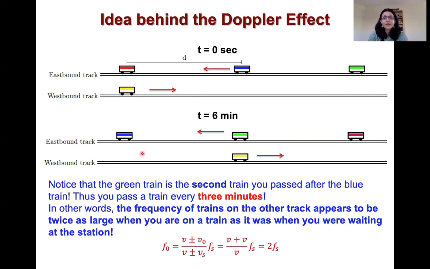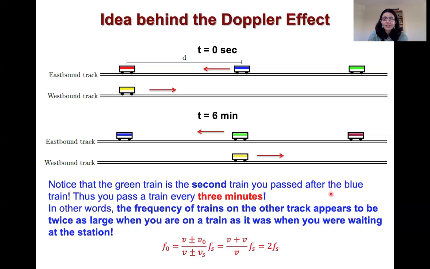But if you're traveling yourself with that same period, which means that in the 6 minutes it took the blue train to get here, you in the yellow train are over here, and that's exactly how much time it would take for the green train to get to that position. So in those 6 minutes, you saw 2 new trains. In other words, you're seeing a train every 3 minutes. So you're seeing the trains with double the frequency.